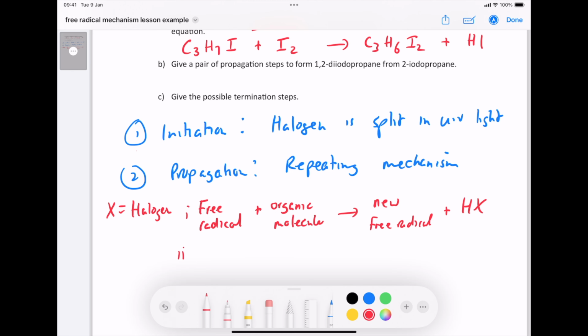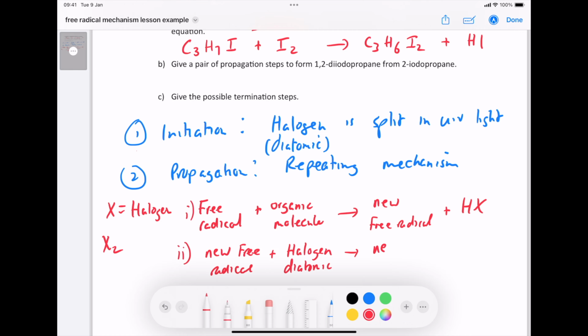Then in part 2 of the propagation step, the new free radical reacts with the halogen, the halogen diatomic, so not the free radical, but the diatomic molecule, basically X2, the original molecule before it splits. I should go back and add that halogens are diatomic. And then that forms your new organic molecule plus the halogen free radical.